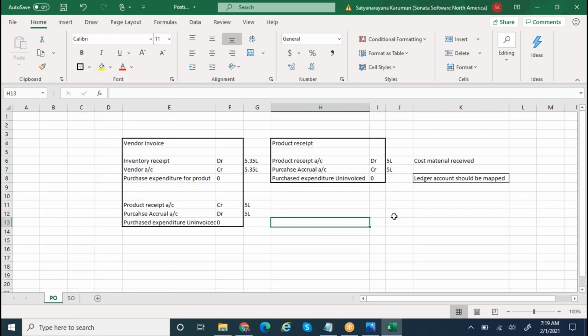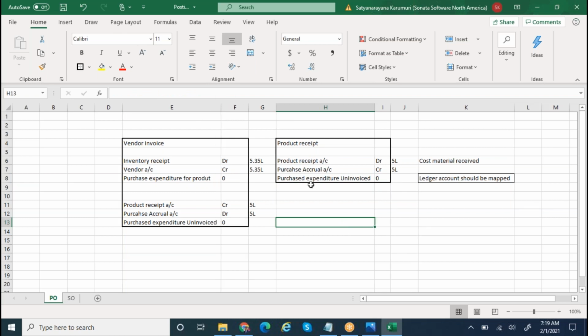Then what is the point in having the purchase expenditure uninvoiced? Definitely we'll discuss this point furthermore. I'm parking it here, so you can write down the pending point in your notebook, because if I start explaining at a time, people will get confused.